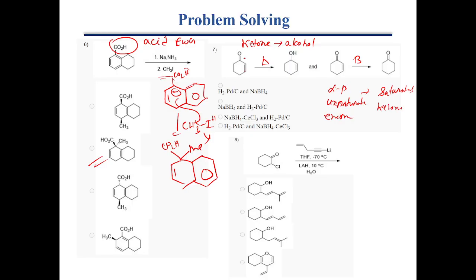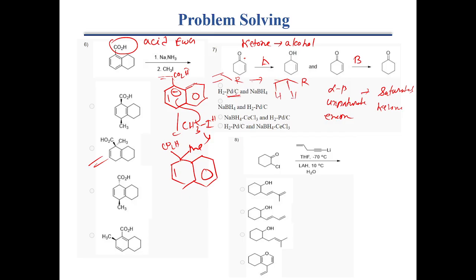So we all know hydrogen palladium on carbon is the hydrogenation condition. It hydrogenates the double bond, any kind of alkene or alkyne, under hydrogenation conditions.